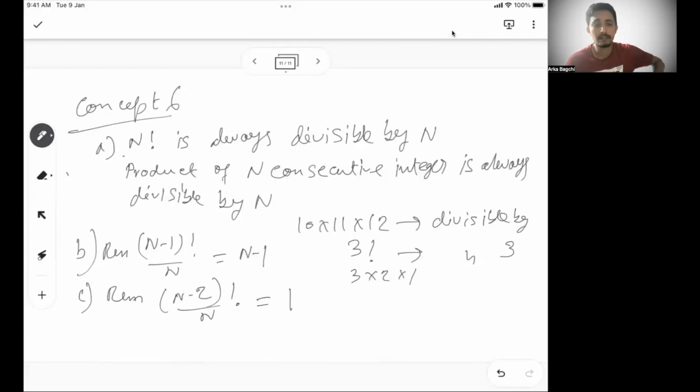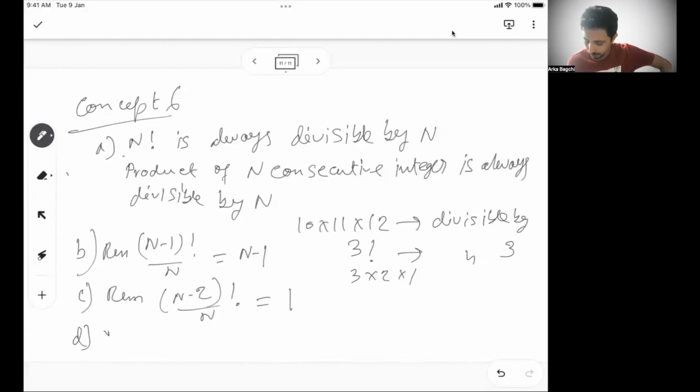So let's say 30 factorial divided by 31. Your remainder will be 31 minus 1, which is 30. And 29 factorial divided by 31, your n is 31, your remainder is 1. So these are good things to remember.